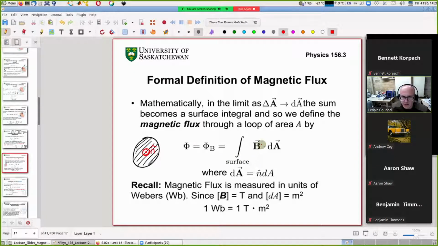So that's why B is inside the integral and not outside of the integral, because B is not necessarily a constant through the entire surface. So this is a general case. In most problems you have to solve, B will be considered constant over the surface area A. But in general, if you deal with real-world applications, you will have to take into account that B is not necessarily a constant.